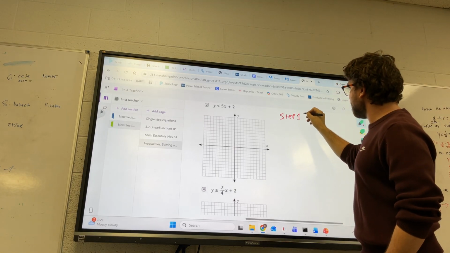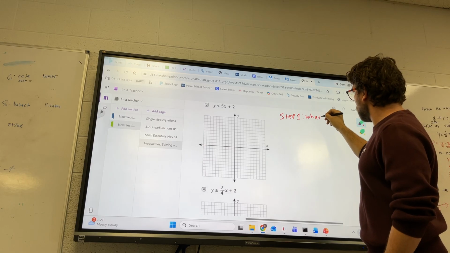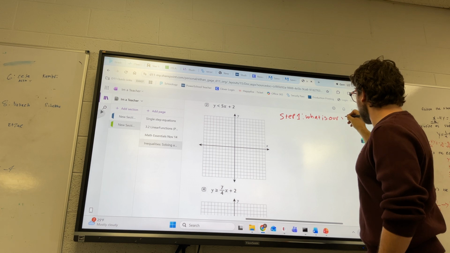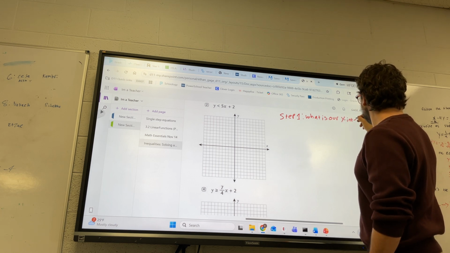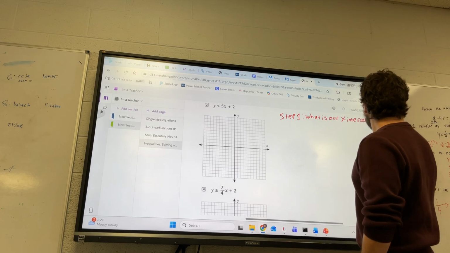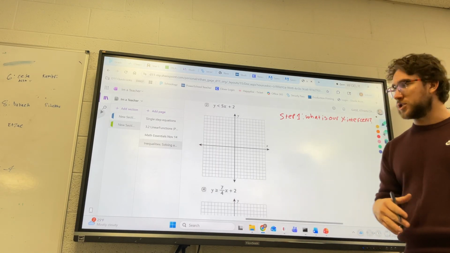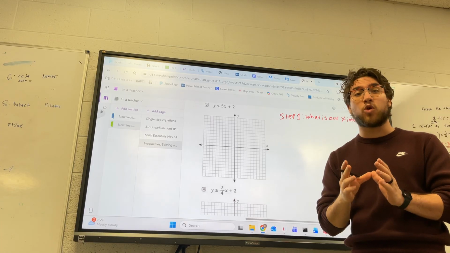Step 1, what is our y? And the way I go about the steps is by asking myself questions. What is our y-intercept? And we are going to write this down as a coordinate.